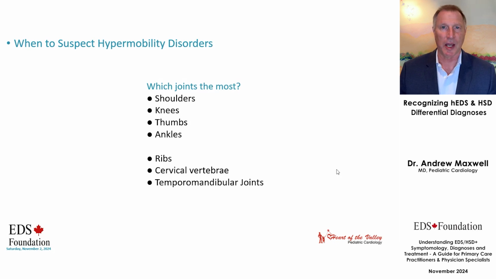So these patients are coming in with chest pain, wanting to make sure that it's not cardiac in origin. But I also see a lot of cervical vertebral dislocations, craniocervical instability specifically, and temporomandibular joint dysfunction and dislocations. So I think those should be added high on the list as well.